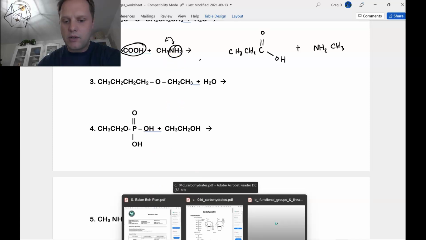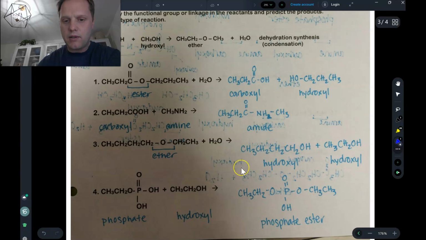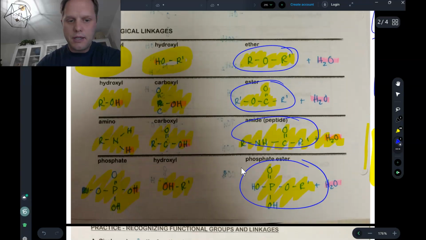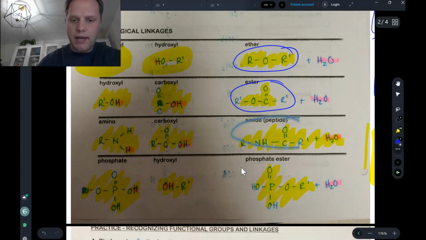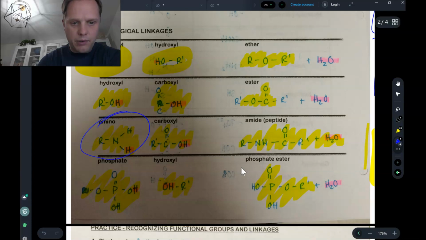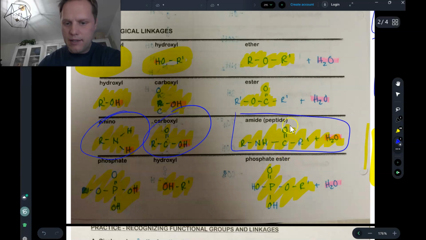Now, when you look at your worksheet that we were looking at earlier, there's the answer there. Let's scroll up here. We have to look to see what we have to be able to answer this. We see that we have an amino functional group plus a carboxyl functional group. That means we're going to form an amide, where the amide has a double-bonded O, and instead of the C having an O attached to it, it has an NH attached to it.